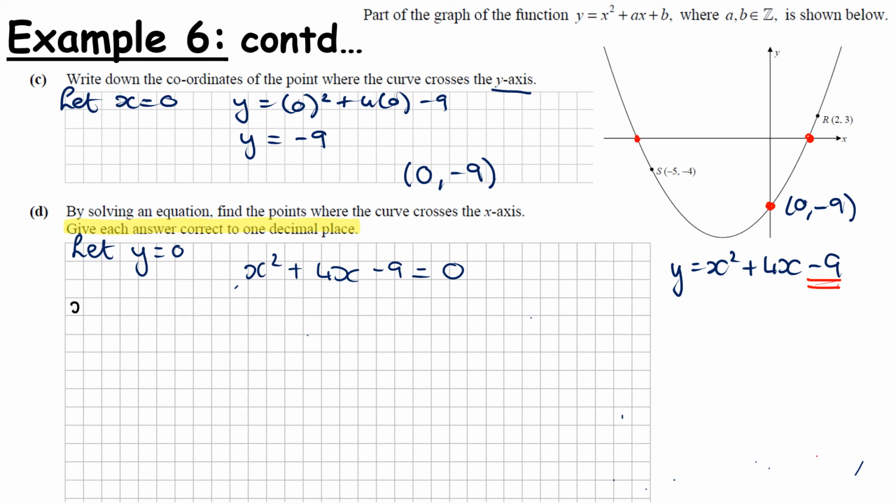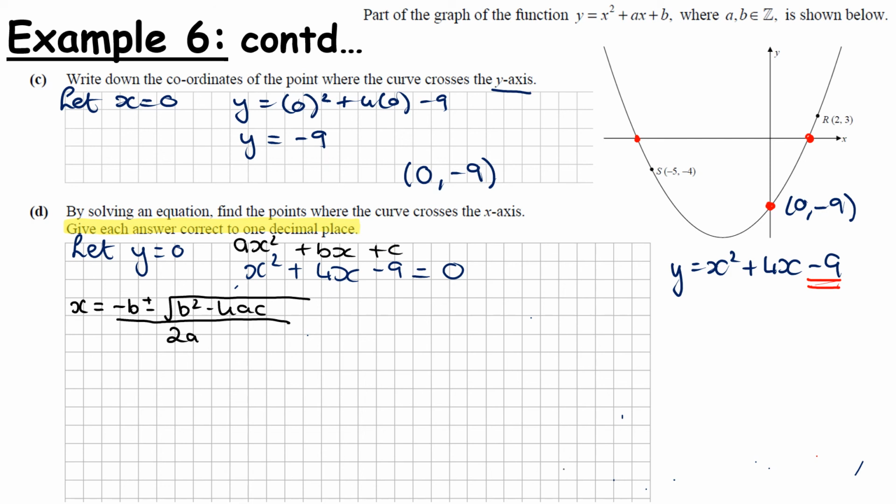So the minus b formula is x equals minus b plus or minus the square root of b squared minus 4ac, all over 2a, where we're given ax squared plus bx plus c.